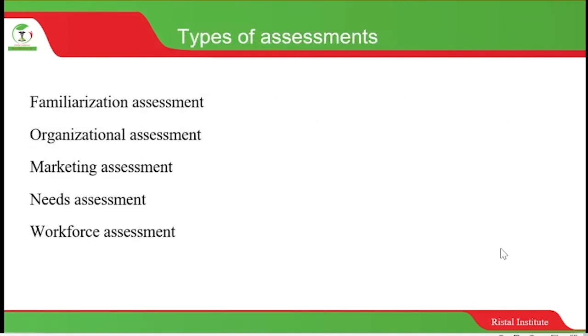Yes, then we shall go straight to types of assessments. So we have a number of them: familiarization, organization, then also market needs assessment, and workforce assessment.